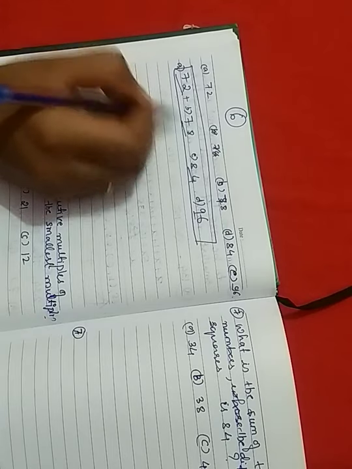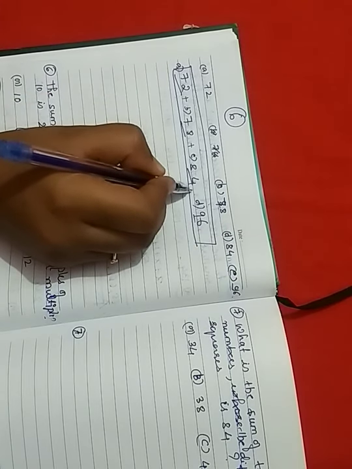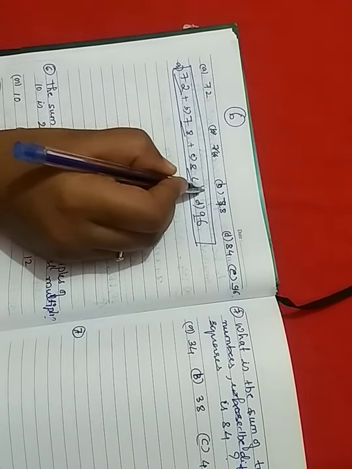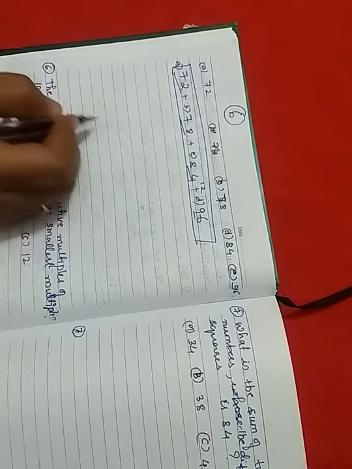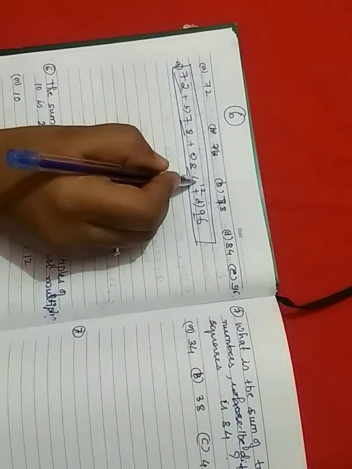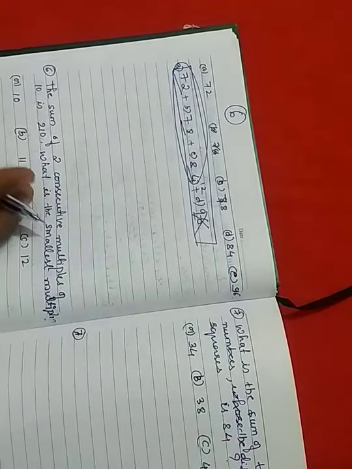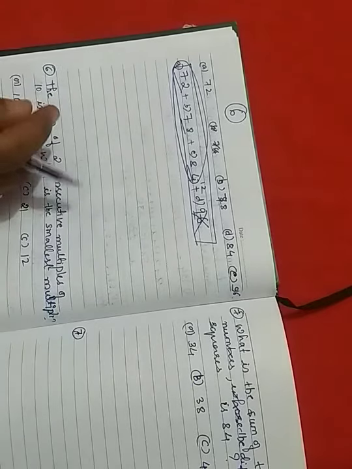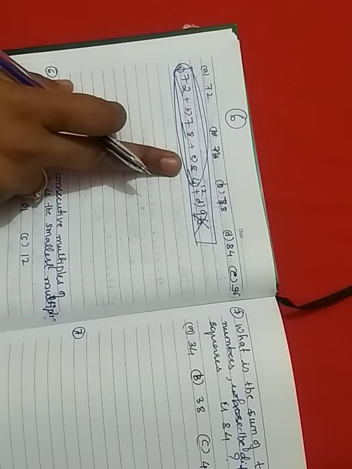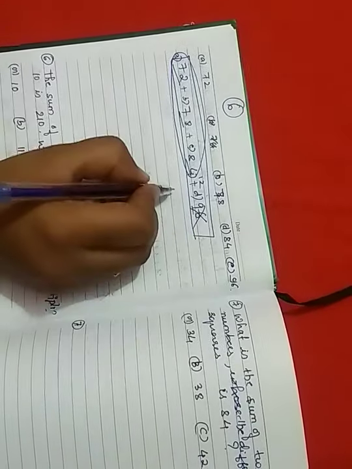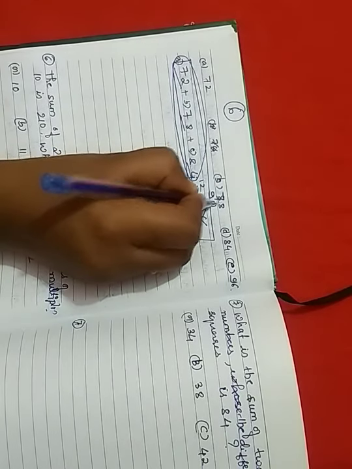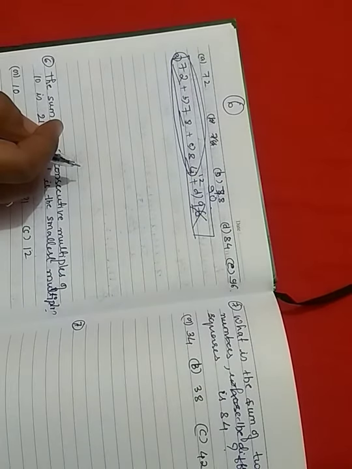72 plus 6 is 78. 78 plus 6 is 84. 84 plus 12 will be 96. So you can take these as the consecutive numbers. This is not, because the immediate next multiple after 84 would be 90, right?